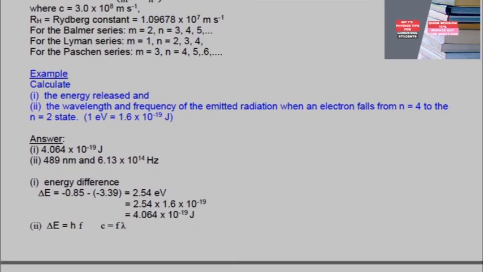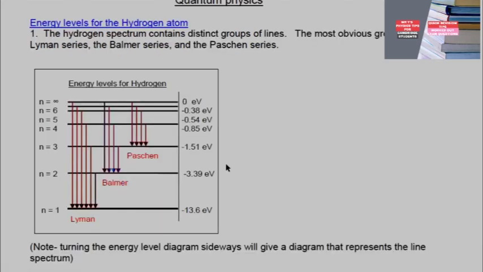Calculate the energy released and the wavelength of frequency of the emitted radiation when an electron falls from n is equal to 4 to n is equal to 2. Right, so from n is equal to 4 to n is equal to 2, n is equal to 4, the energy level there is minus 0.85 eV.